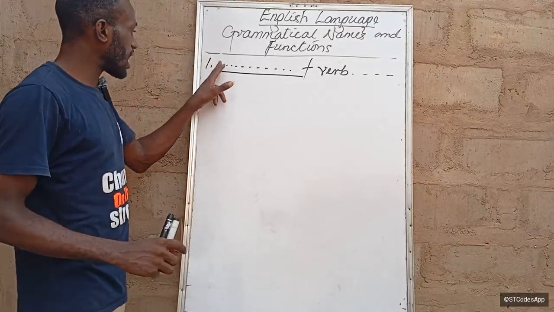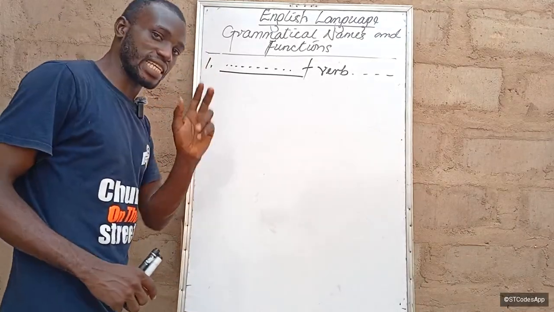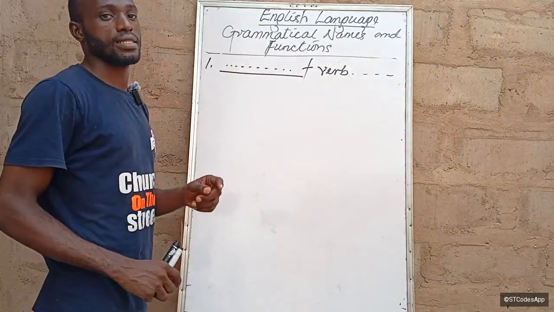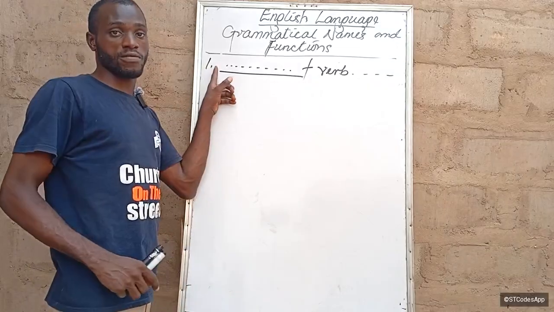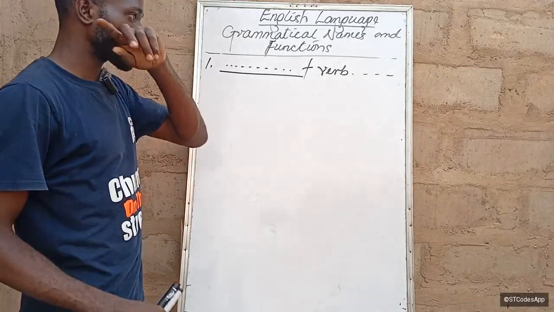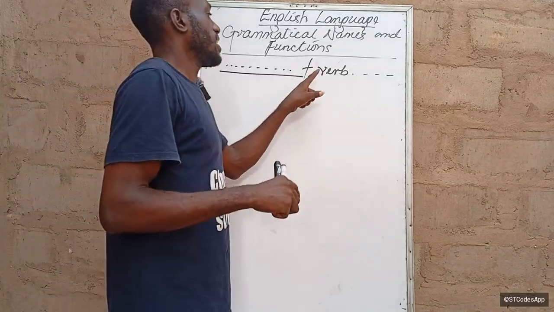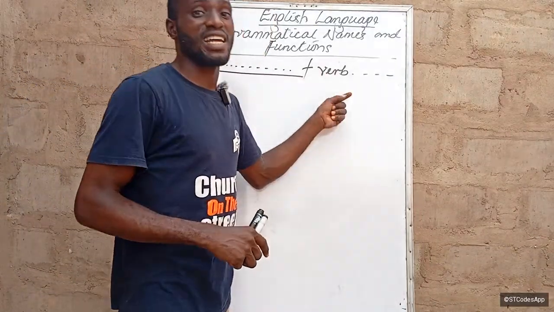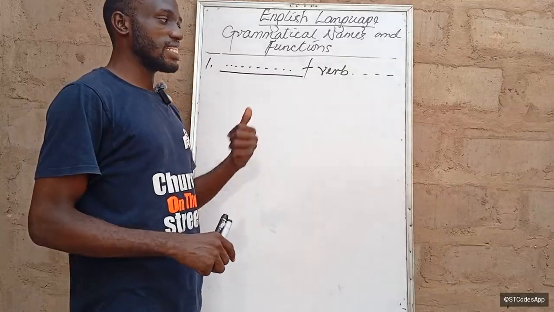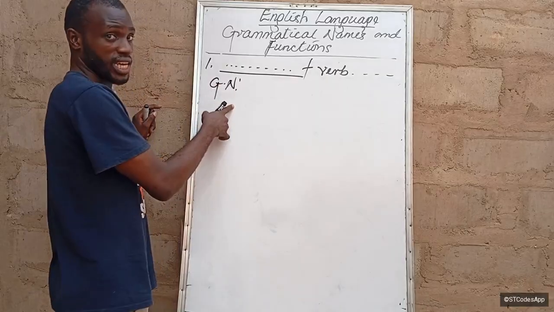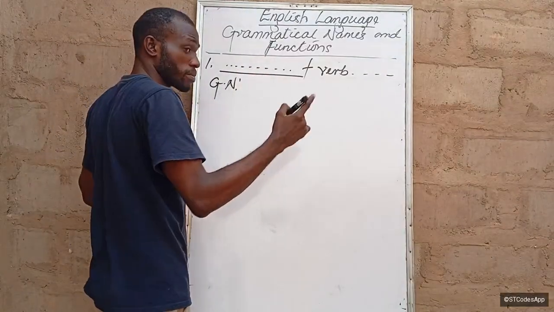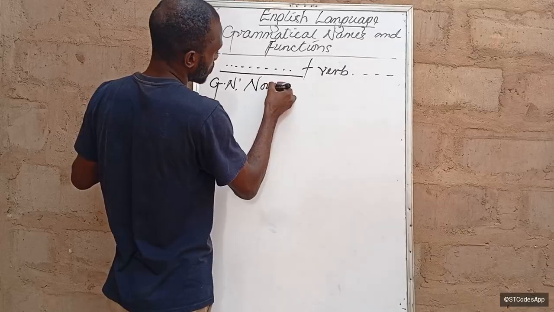Usually, that underlined structure is the beginning of the sentence, in most cases, as far as your WAEC is concerned. However, if you see a verb immediately after the underlined expression, then the answer for the grammatical name, which I denote GN here, is going to be a noun.